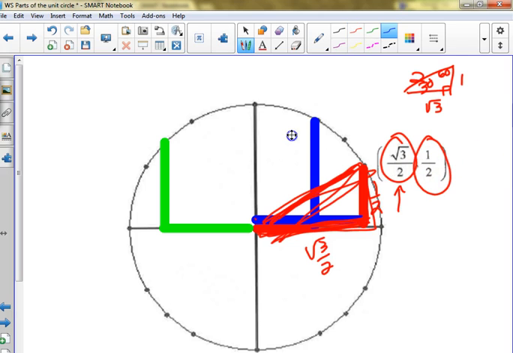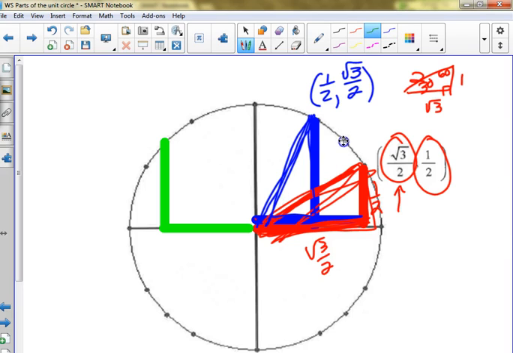Now what's going to happen when I get up to the 60 up here is that's the same triangle, but this time I only went over a smaller amount and up further, right? All right, and in between here at this 45, 45, 90, I went over one and up one. Okay, and this is square root of 2. But what happens when you have to do sine and cosine?